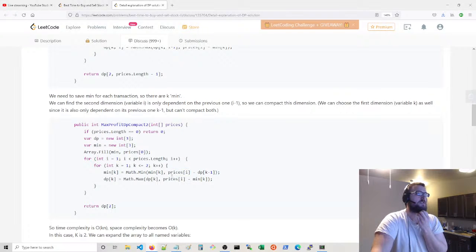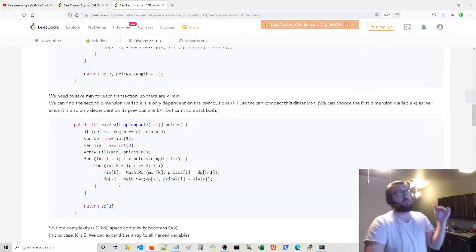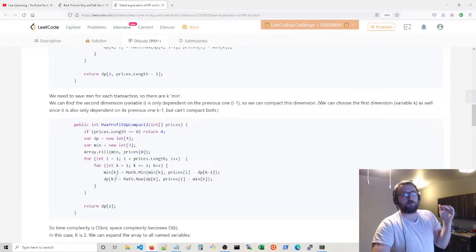So we could have gone to a lower price, and min1 would change, and dp1 doesn't change, right? So if we go to a lower price, dp1 doesn't change, was what we're saying.